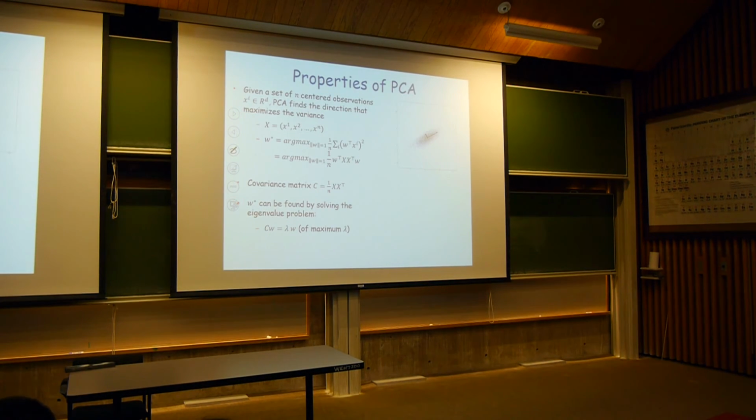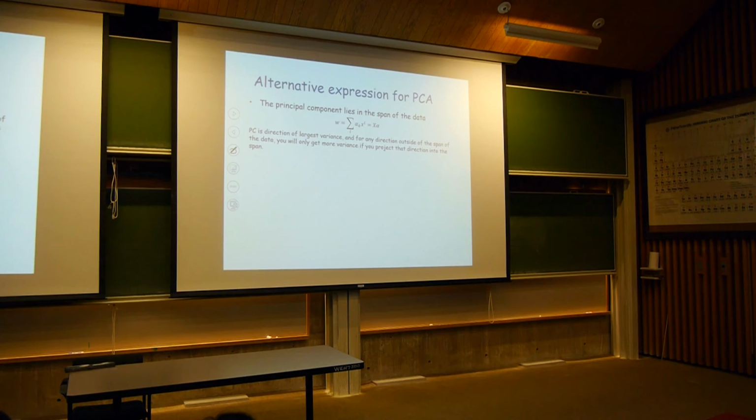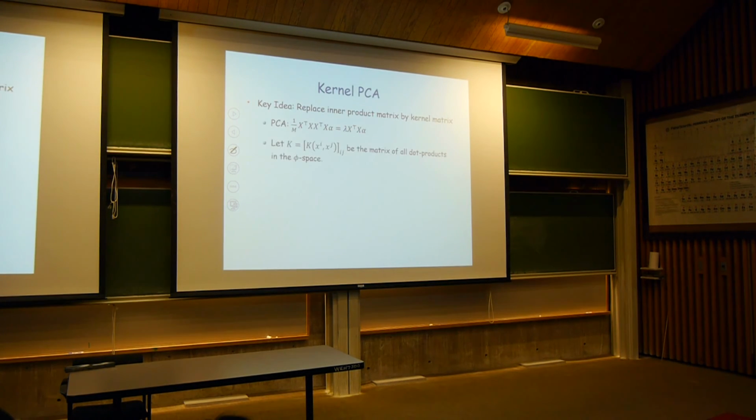So at first look, you might say, I have X transpose X, the D by D sample covariance matrix, which does not involve dot products between examples, so it's not obvious how to kernelize it. But if you do a little bit of rewriting, using properties of what the first principal component is, you can notice that you can do everything in terms of X X transpose itself.